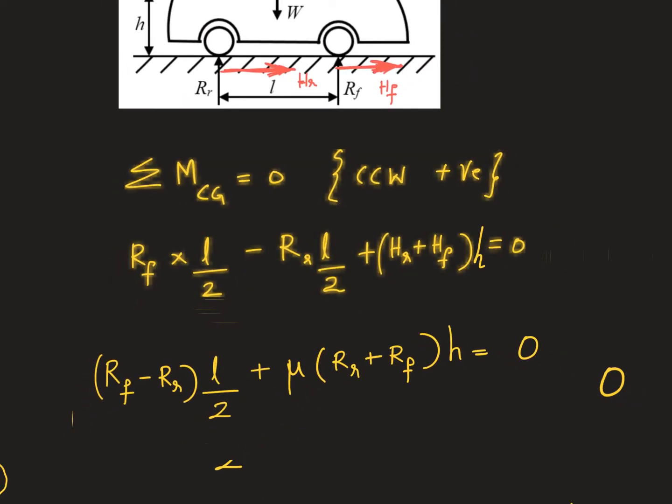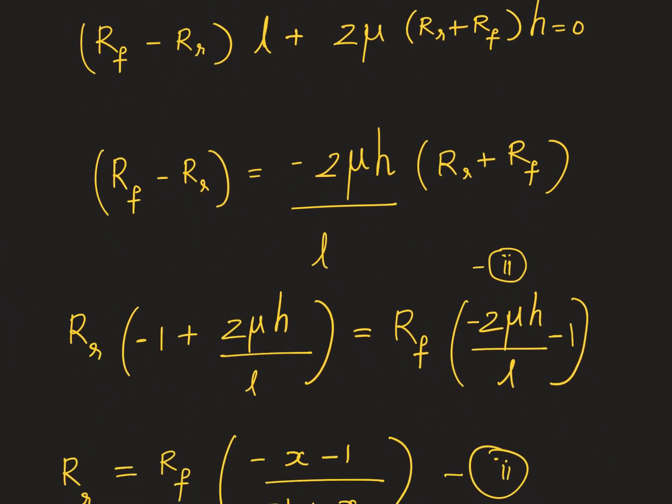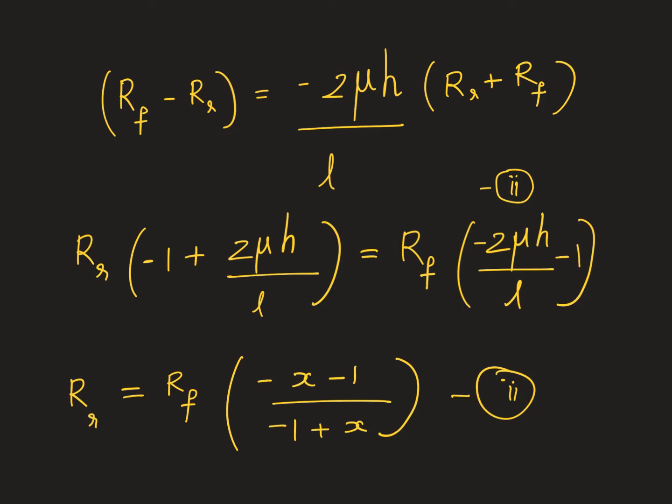I'm expanding this expression here, and I'm trying to write little r, or capital R subscript little r, in terms of capital R subscript little f. I'm trying to relate both the vertical reaction forces acting on the wheels.